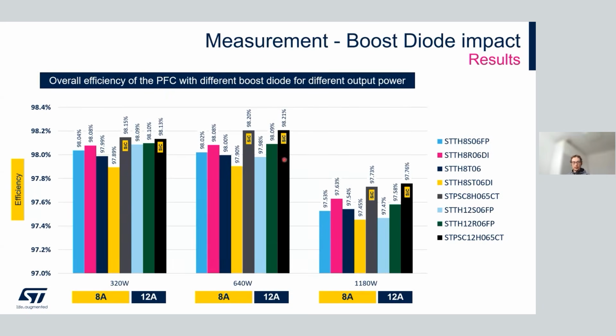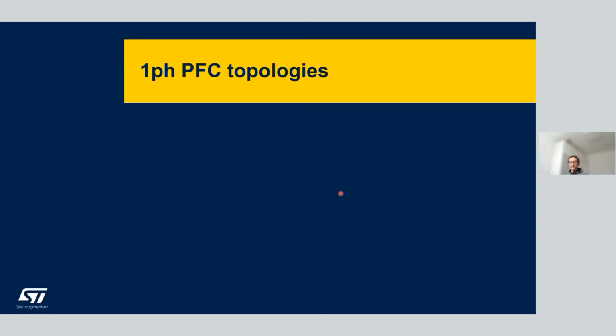But I would also like to highlight the ultra-fast diode, which is more cost effective, and still the efficiency is quite high. So if you keep the switching frequency of the PFC quite low, like 45 kilohertz, it also makes sense to consider just ultra-fast diodes because of the cost, and still the efficiency is very high.